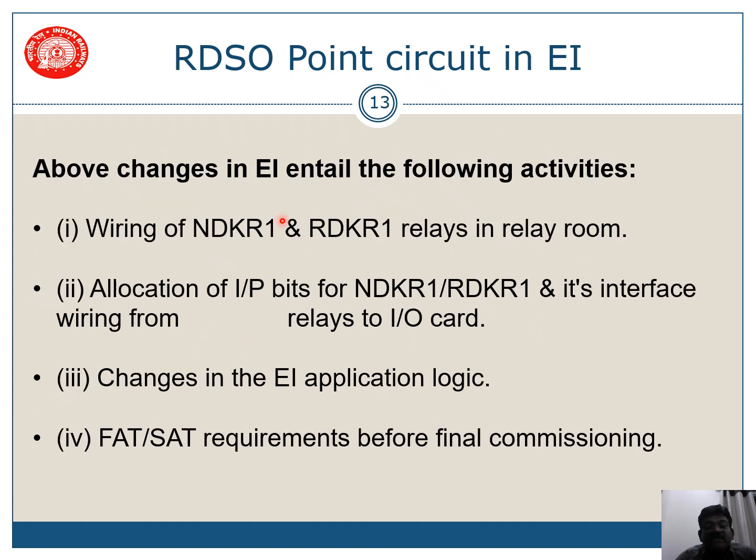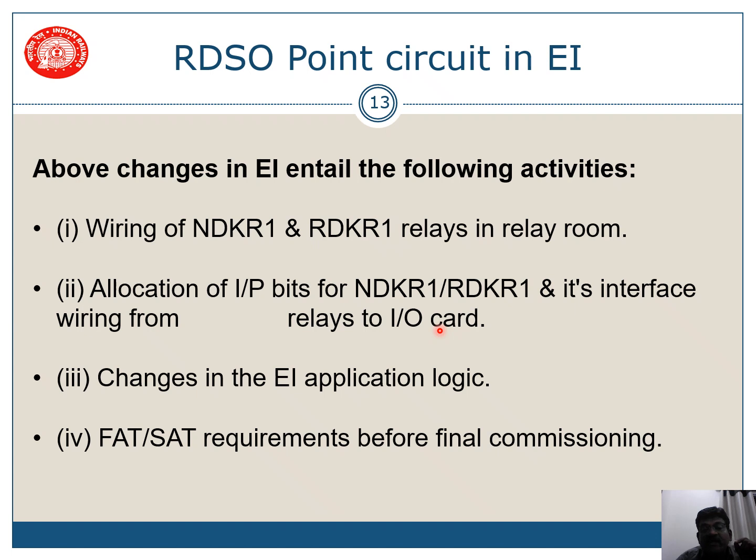So the above changes in the entire EI entail the following activities. यानी क्या क्या काम करना पड़ता है. So wiring of NDKR and RDKR should be done in the relay room. Similarly, allocation of input bit of NDKR1 and RDKR1. इसके पहले NDKR RDKR था, अभी उसका नाम चेंज होके NDKR1 and RDKR1, and its interface wiring with relays to input output card.